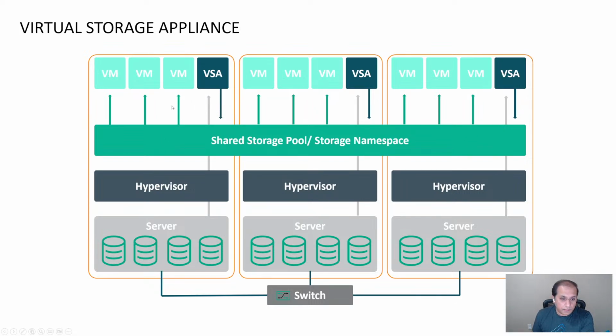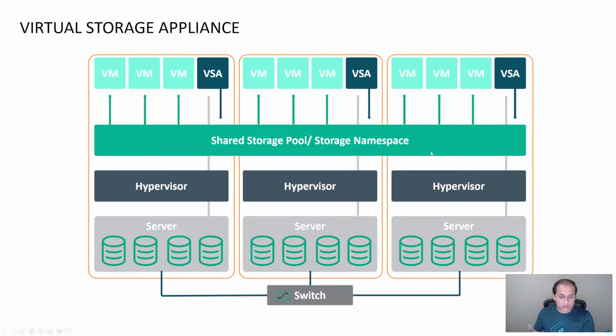In this scenario, we do still have VMs. This is how we virtualize the compute environment, the compute variable that I spoke about a couple of slides back. You have VMs and they will be running their own applications. And there is a specialized VM called a virtual storage appliance, and it usually sits on all of these servers, and these VSAs communicate with each other to form a cluster of three.